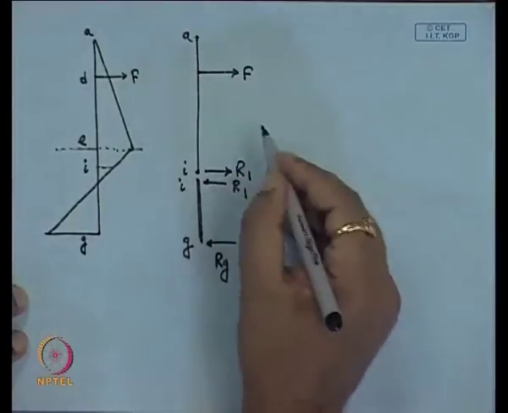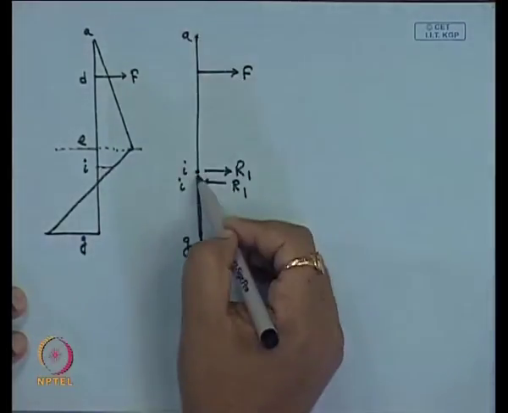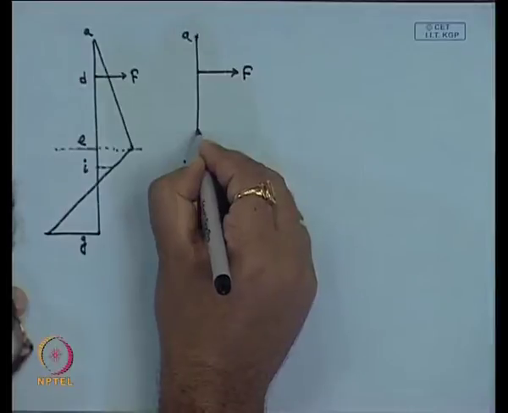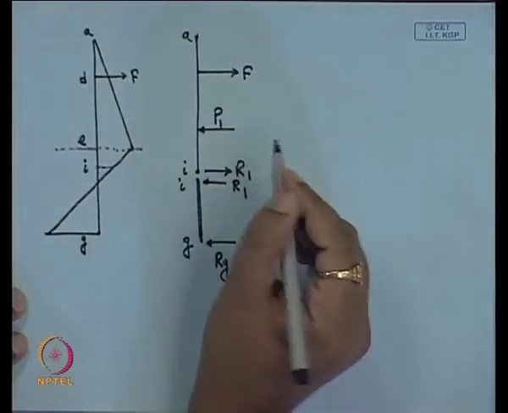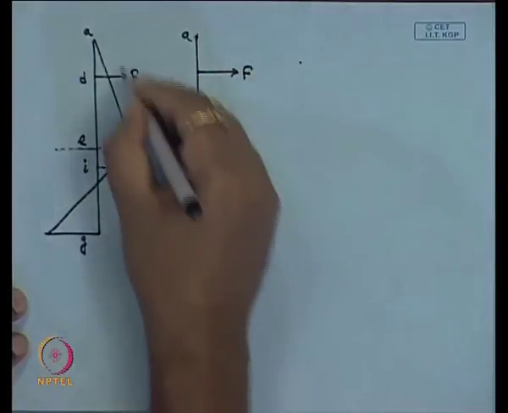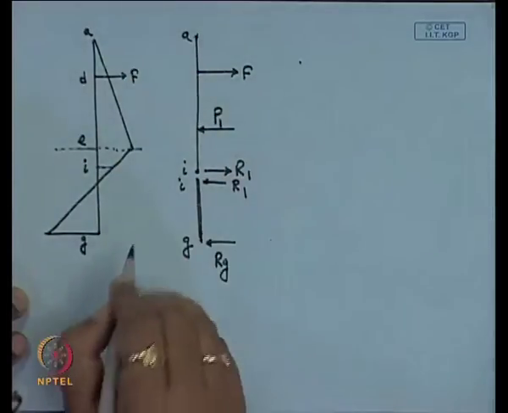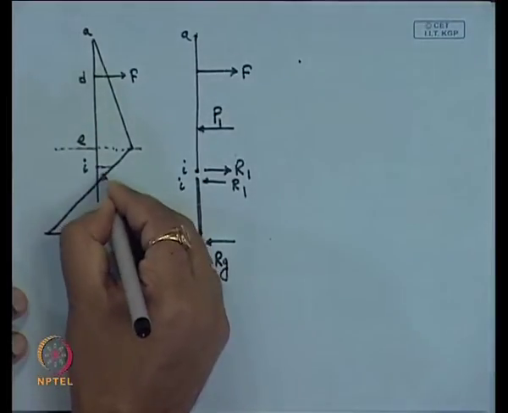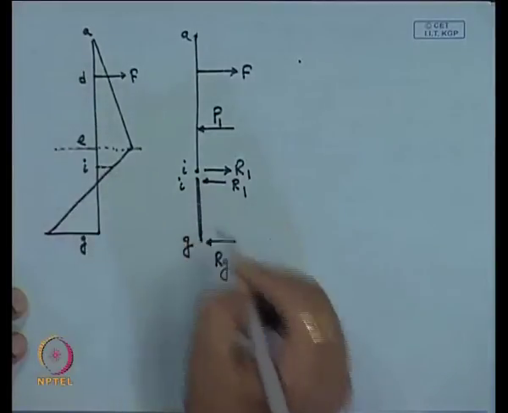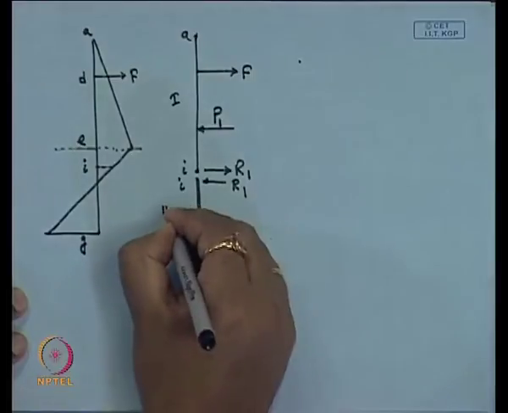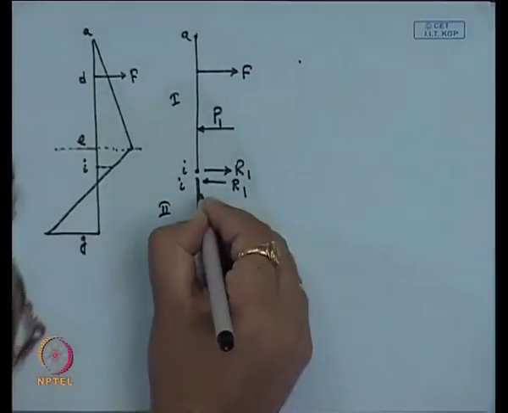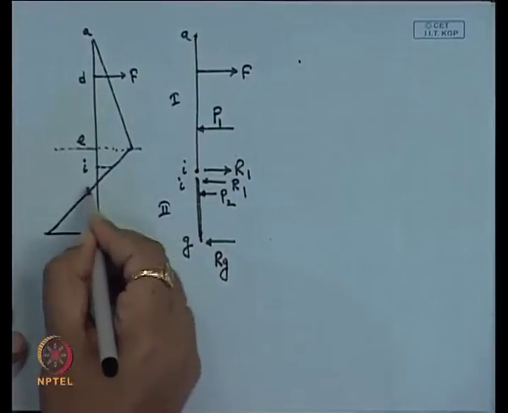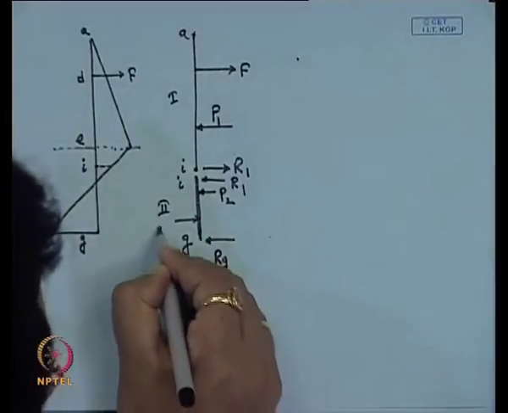Now the force acting on the A to I beam, due to this earth pressure, will act as P1. Similarly, in the second beam one pressure will act here because of this small triangular pressure, so P2 will act here, and on this side, for this triangular pressure in the opposite direction, P3 will act.